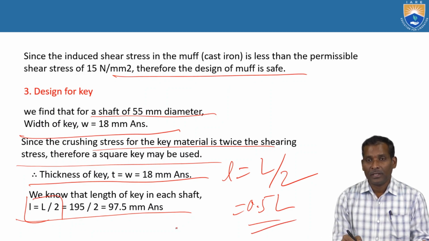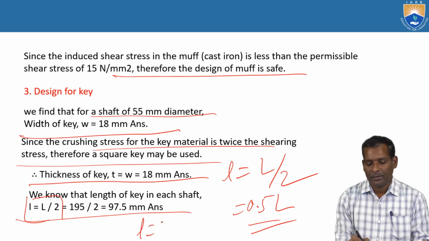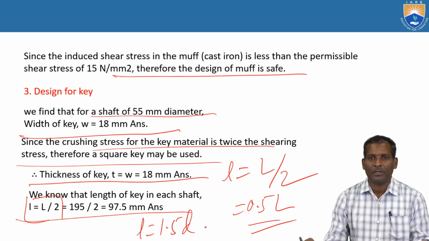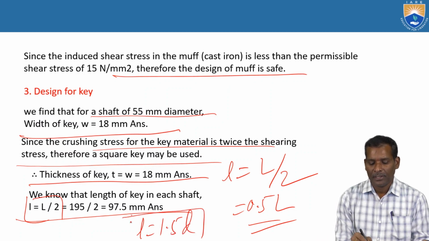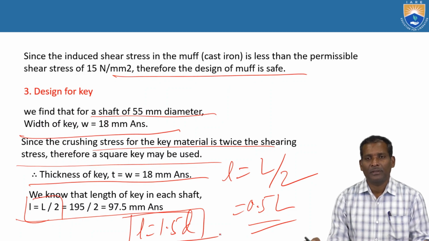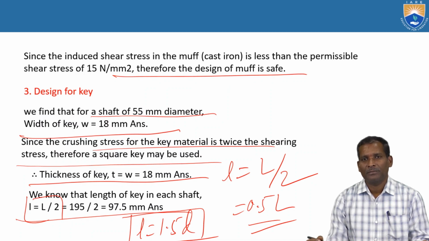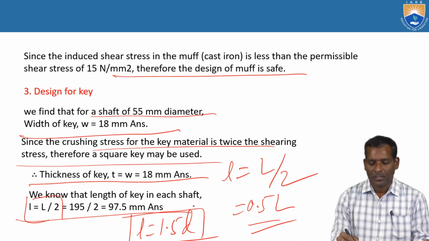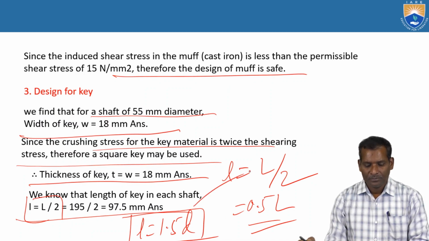Or otherwise you may take the standard empirical relation of 1.5 times D, where D is the shaft diameter. You may take any relation. So the length of the key is also obtained.